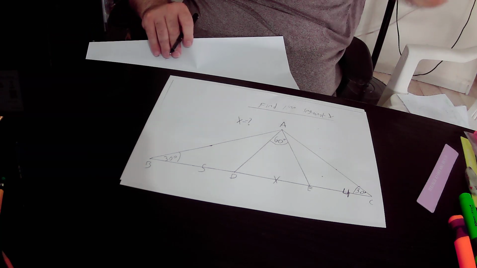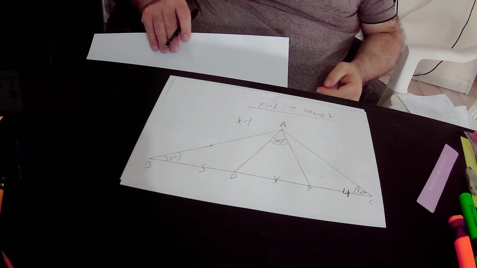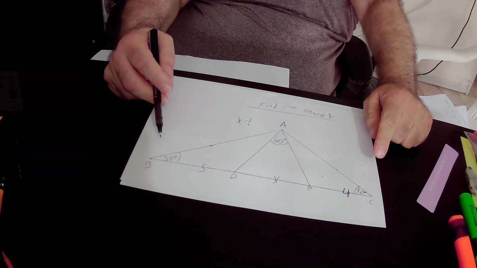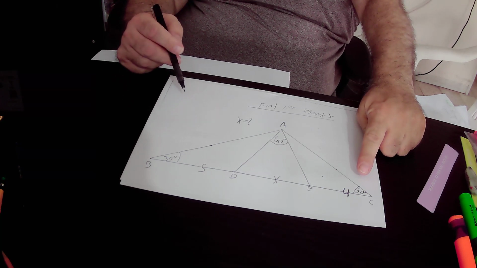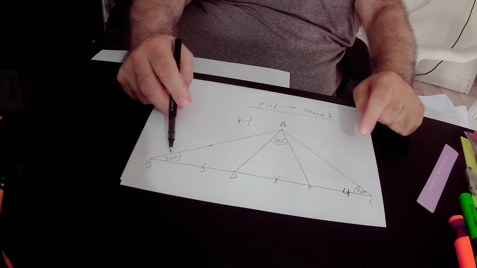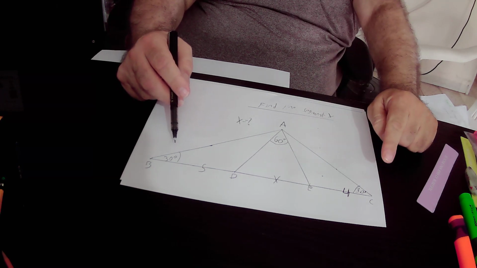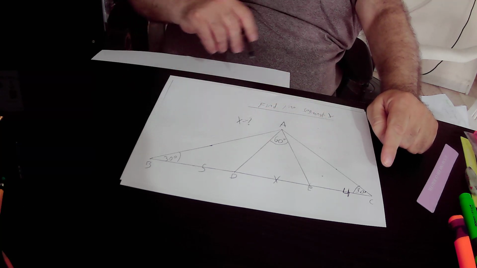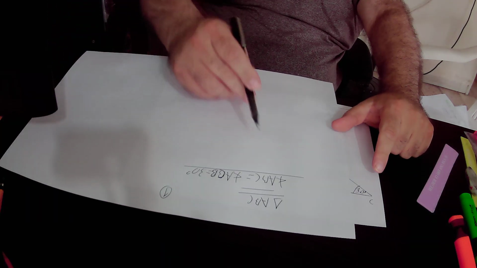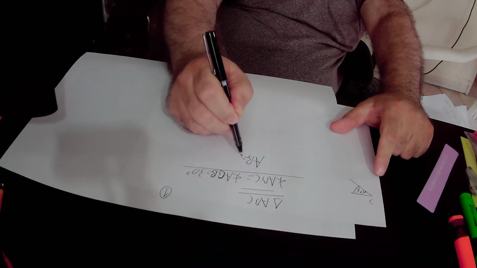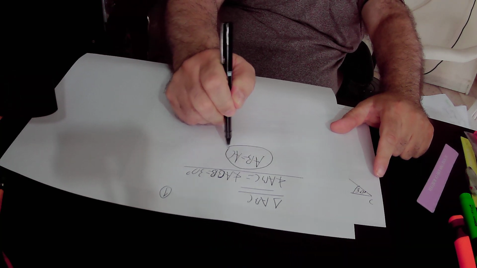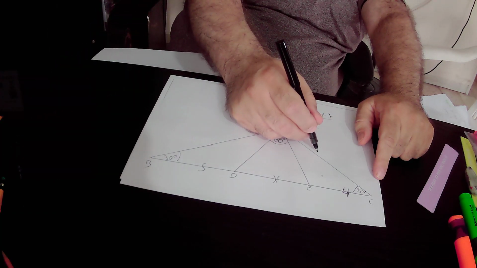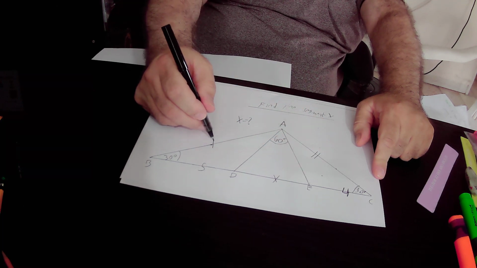According to the rule that opposite equal angles in a triangle there are equal sides, opposite this angle we have side AB, opposite this angle we have side AC, and side AB must be equal to side AC. AB equals AC.